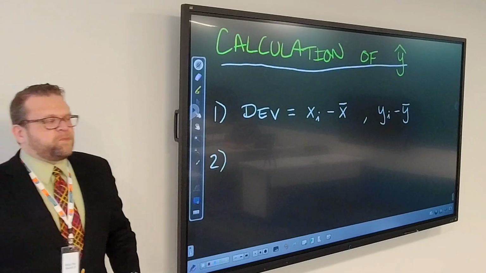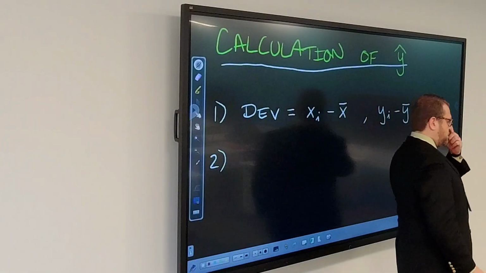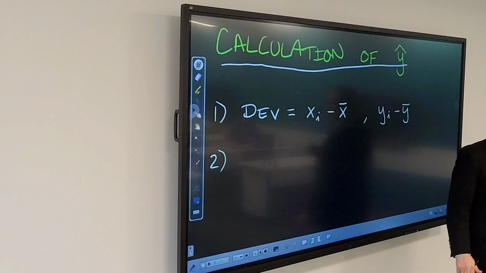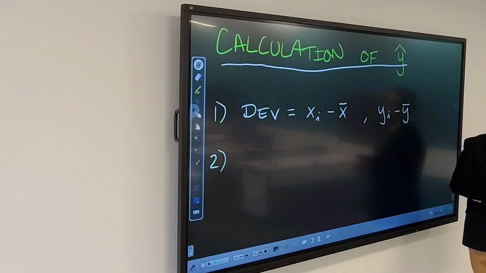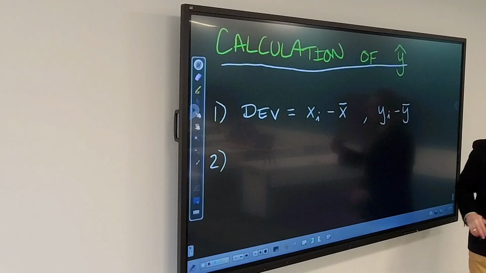And when we talked about deviation, the next thing we built was the variance from the deviation. We did that by, what's the word? What is the variance? Sum of the squared deviations divided by n minus 1.